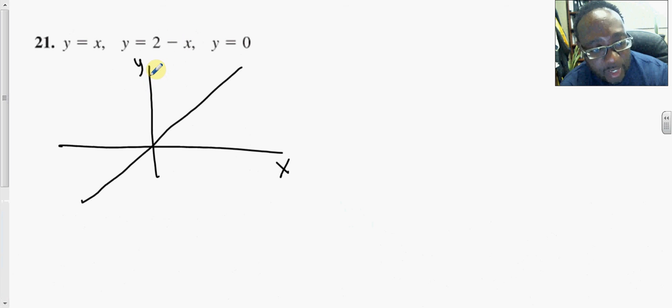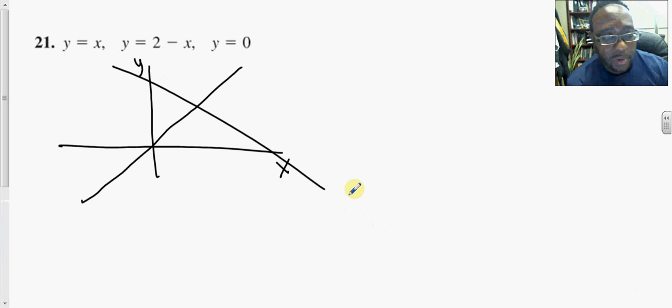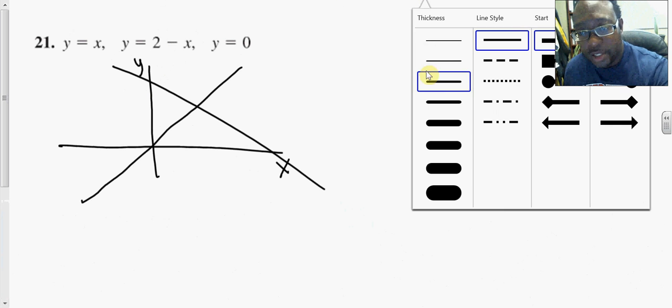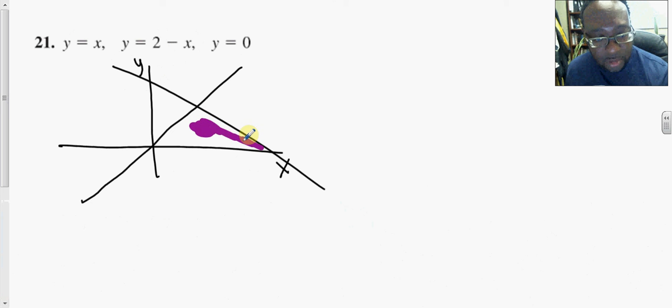And then when x is 2, y is 0. I'm just going to draw the thing, right? Okay, good. Let's use this color. Y equal to 0, this line right here, is the x-axis.